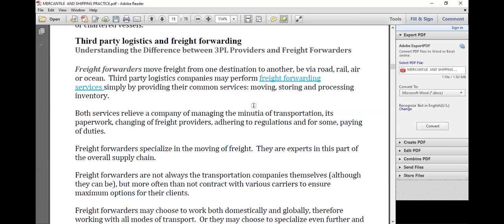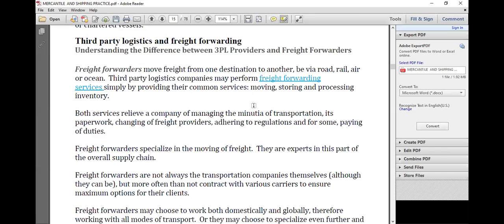So these people, they have their own warehouses. They also own some of these logistics transport means, which can help them in moving the cargoes from one point to another.